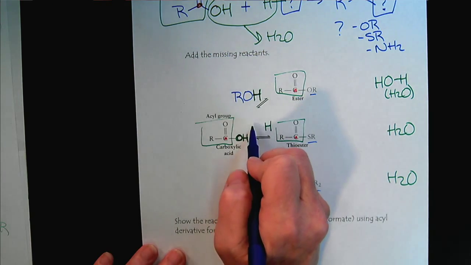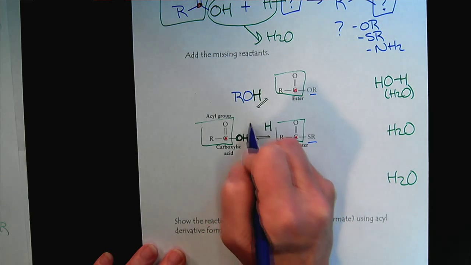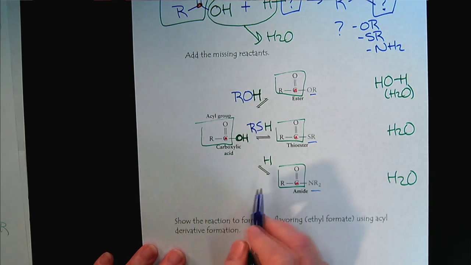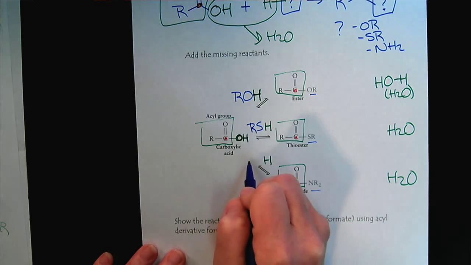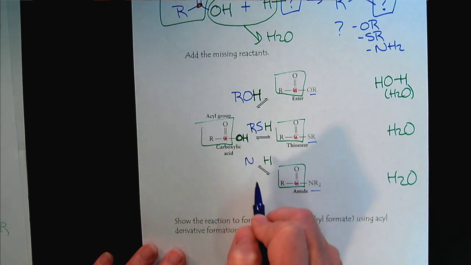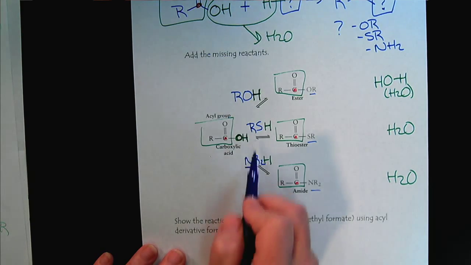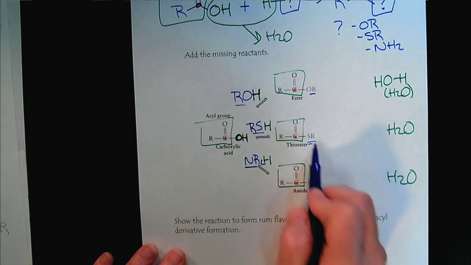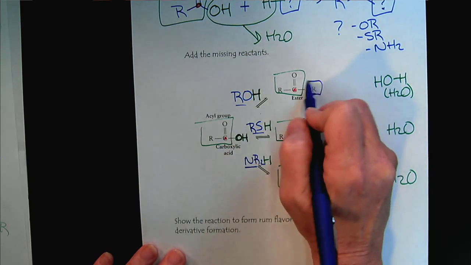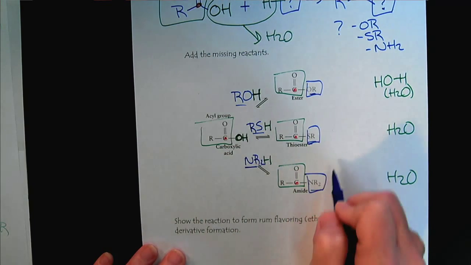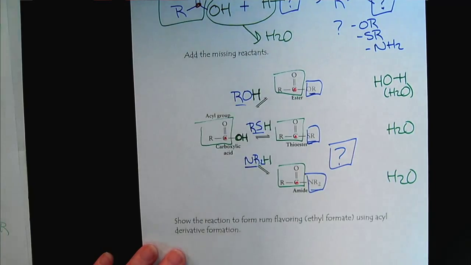SR, or let's see, yeah, we'll do RSH or NR2H. Okay, so notice how the parts in blue match, and these all represent what I have symbolized as the question mark.